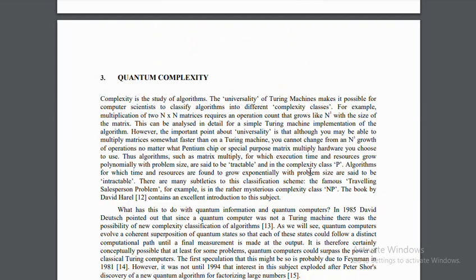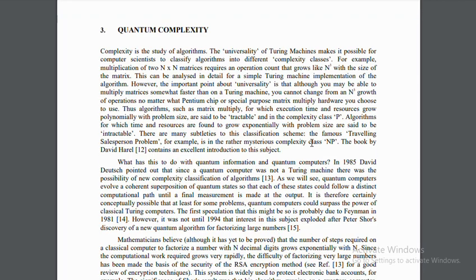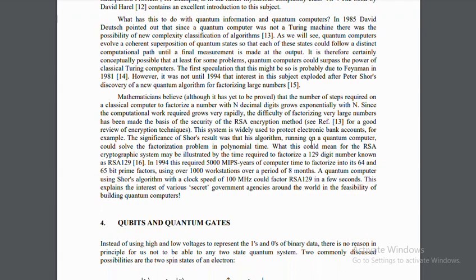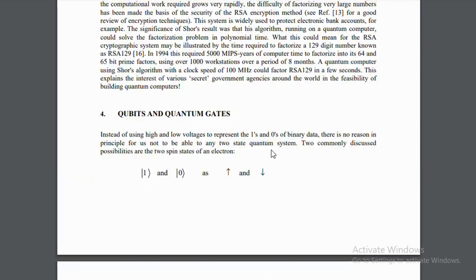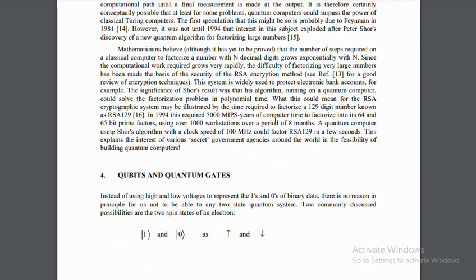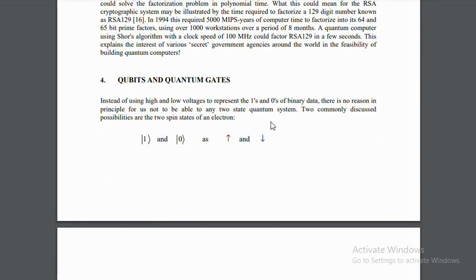Here in part three they have told us about quantum complexity. It's a very complex process, and lots of scientists from the early 1950s have started researching it. Since then the growth of quantum computing has started, and nowadays it is a very good solution-making machine.